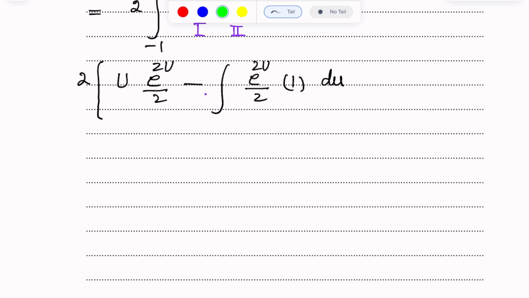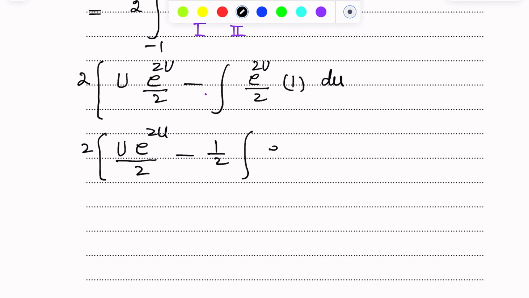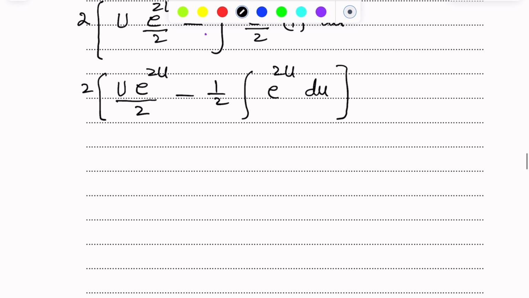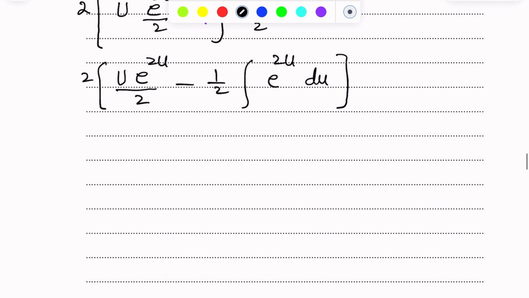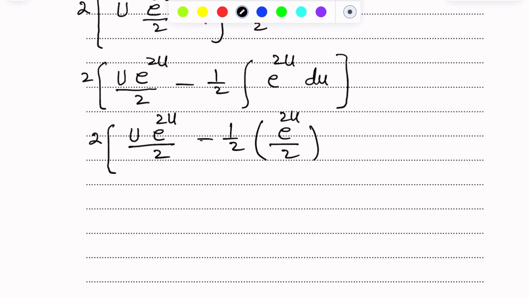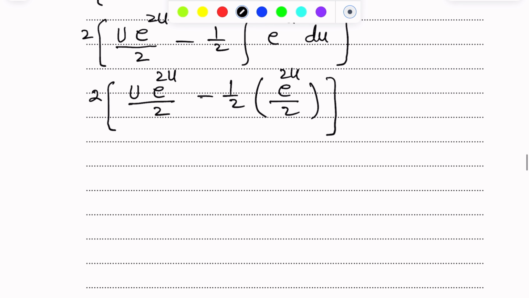First we adjust it to u e power 2u over 2 minus 1 over 2 integration of e^2u with respect to u. Now we integrate e power 2u, minus 1 over 2 integration of e^2u over 2. Now we simplify it.